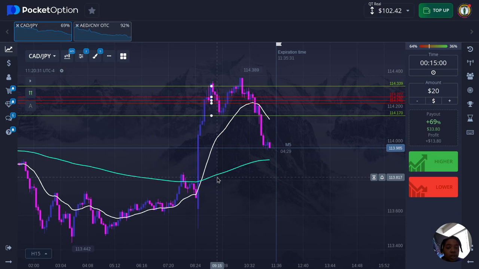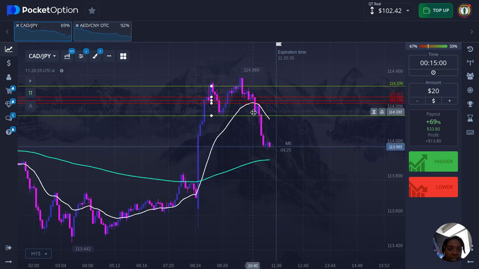So what you've got to do is wait, and that's what I did. I waited until I saw price come up underneath the 21 EMA, because once it came up underneath the 21 EMA as a lower high, that was my signal to go for the trade. We know that price wants to at least come down to test the 200 EMA. The overall trend is a downtrend, right?